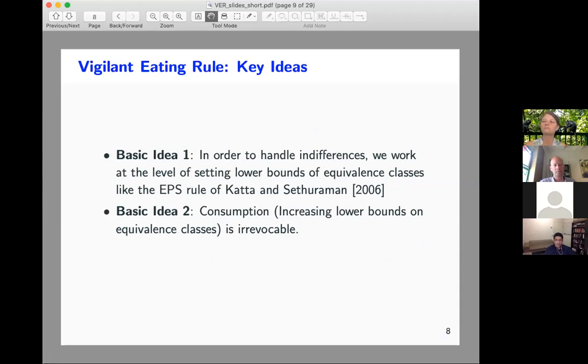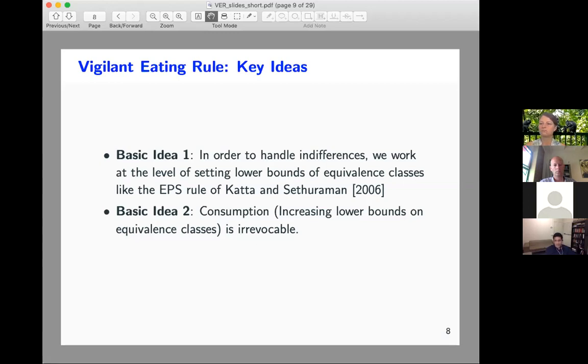So what we do is, instead of working at the level of objects where agents are consuming objects directly, we work at the level of equivalence classes where agents are not specifying which object they want to consume. They're simply specifying that they want to increase the probability weight of the most preferred equivalence class.